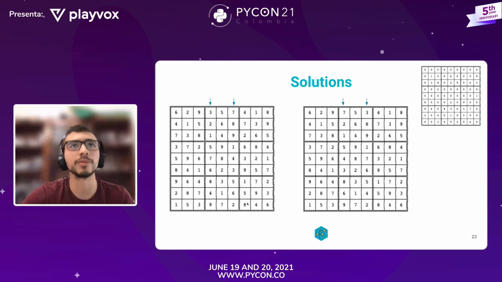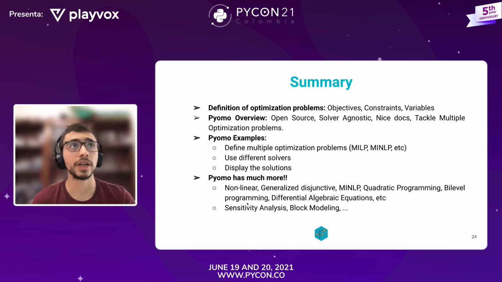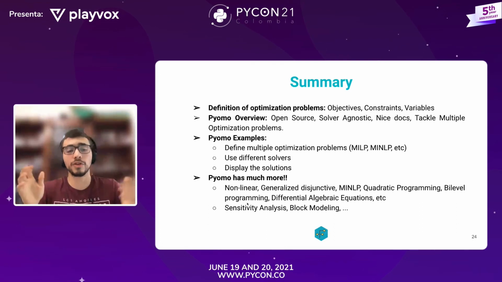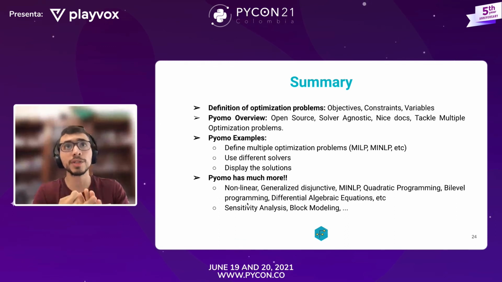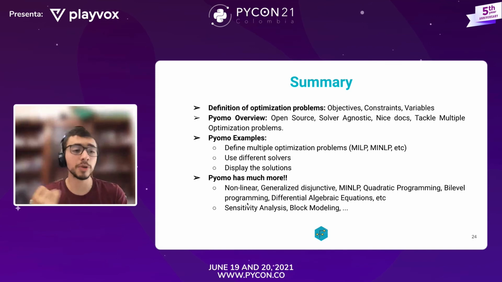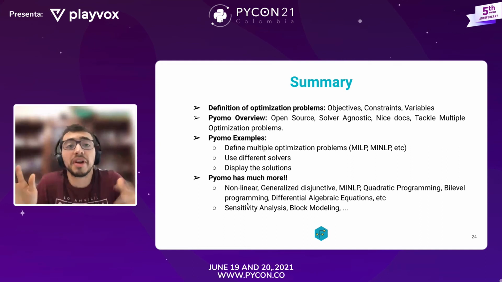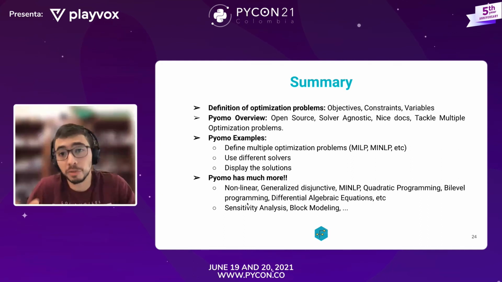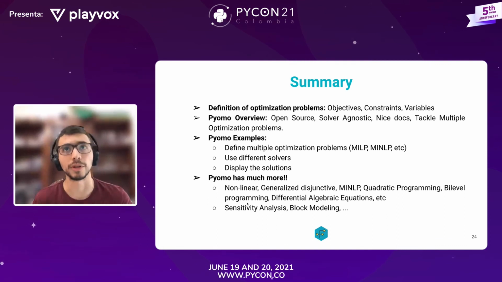A constraint problem, sorry. Okay, so let's do a recap and a summary of Pyomo and the presentation. First, we did the definition of an optimization problem. We have 3 main components: objectives, constraints, and variables. Then we did a Pyomo overview. It is open source, and it is solver agnostic. We have used 2 solvers here. We didn't even care which solver and how it works, but we need to read about it, because using a solver for nonlinear programming on a linear programming problem, or the other way around, is not going to give you a really good result.